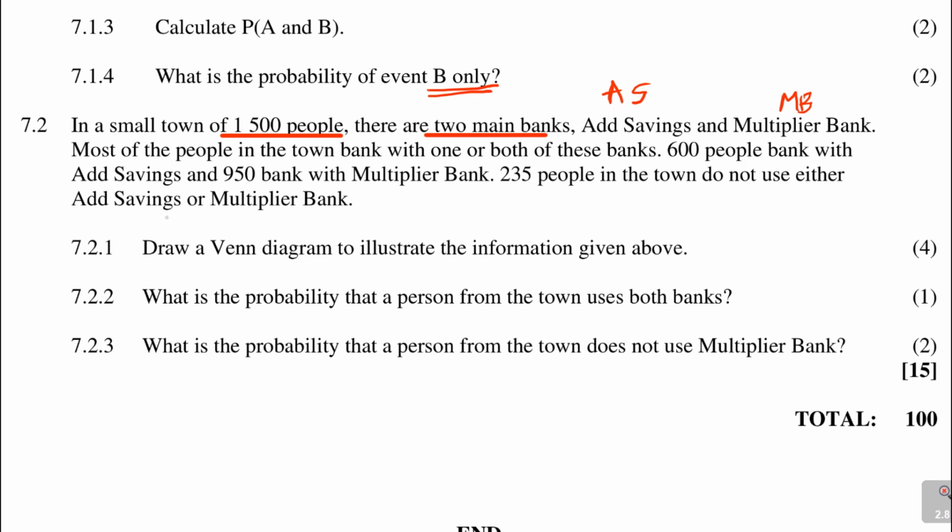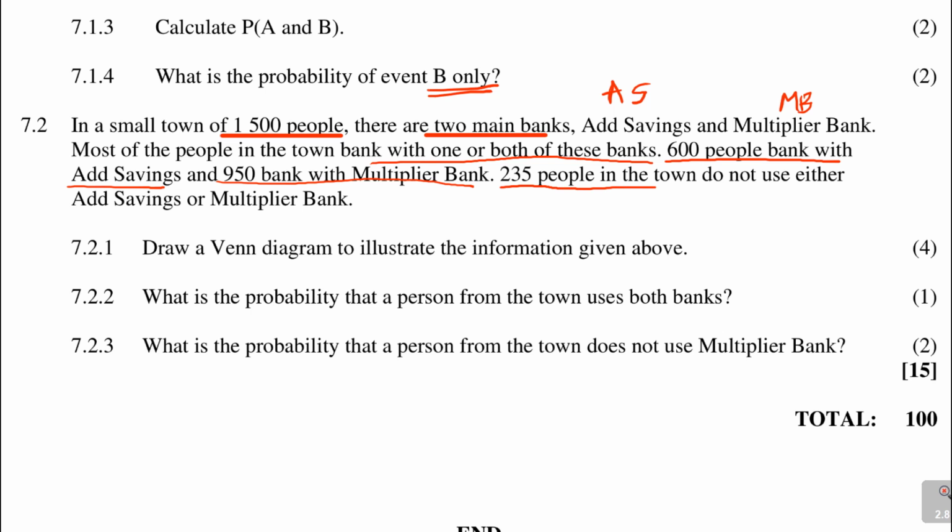Most of the people in the town bank with one or both of these banks. So some bank with At Savings, some bank with Multiplier Bank, some bank with both of these. Now there are the numbers. 600 people bank with AS. 950 people bank with MB.